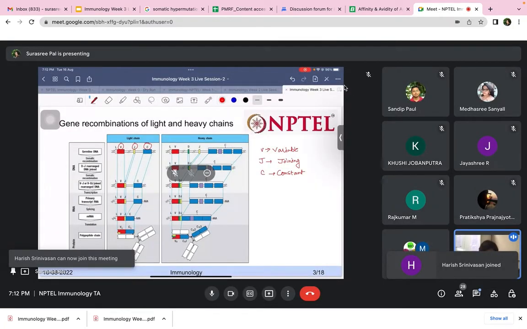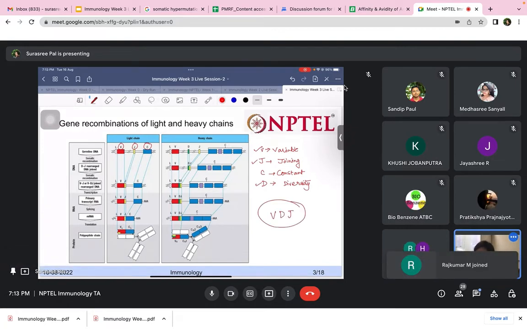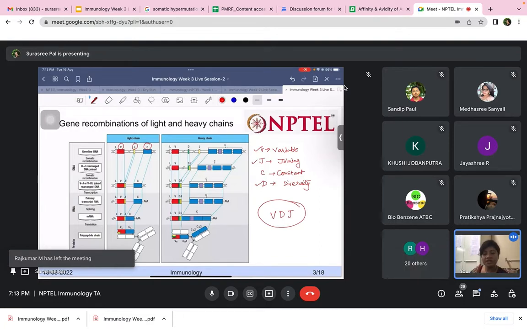Here I would just like to tell you one thing: the variable regions of the light chain and the heavy chain are encoded by V, J and D segments, popularly known as V, D, J. These are the three segments of the gene which encode the variable region.